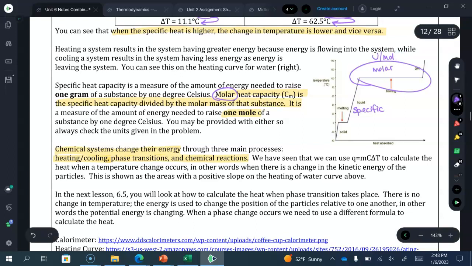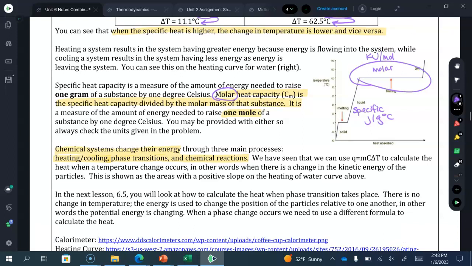Not degree Celsius, joules per mole. And then in a heating curve for a specific state of matter, so solid, liquid, or gas, it tends to be joules per gram degree Celsius. Sometimes this is also kilojoules. So you just have to pay attention to what you're given and make sure you make adjustments to the amount of your substance.